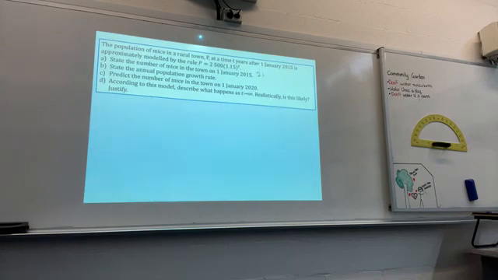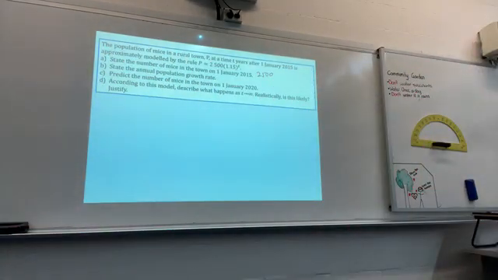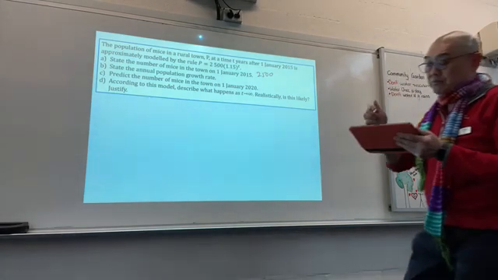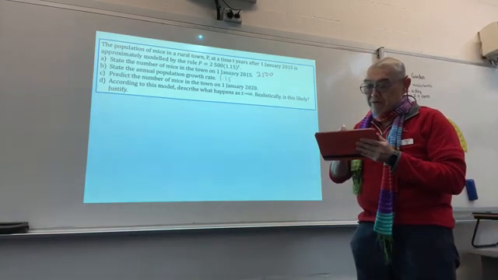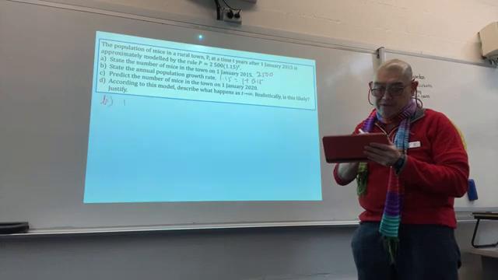So it's 2500. State the annual population growth rate. What is the growth rate? 15%. Thank you. It's because 1.15 equals 1 plus 0.15. Therefore, part B is 15%.